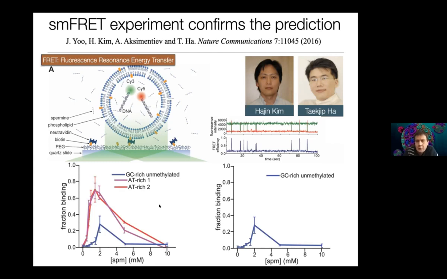We can also do it with the CG sequences. We can methylate them using enzymes, and then we again get a much stronger FRET, meaning that they attract more strongly. So that was a kind of direct proof of the mechanism that we proposed. And that was really satisfying.